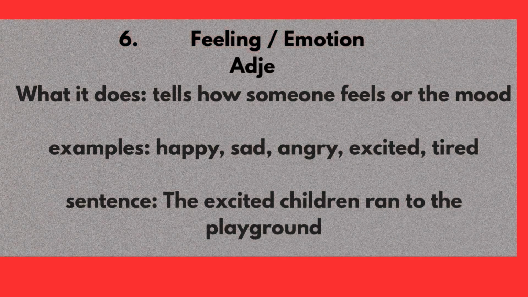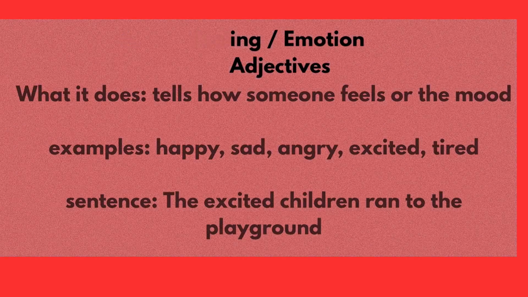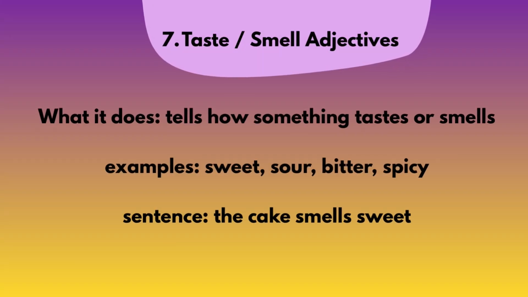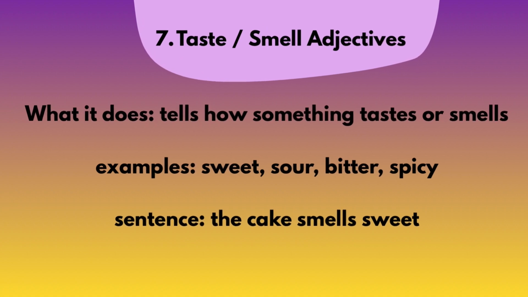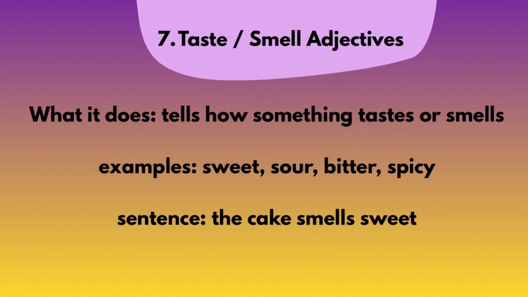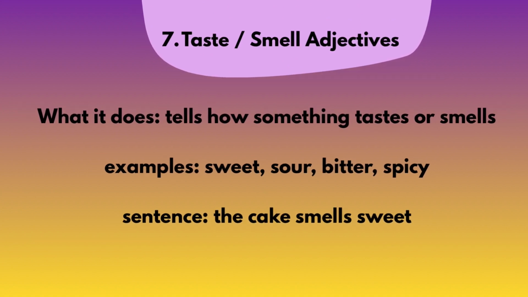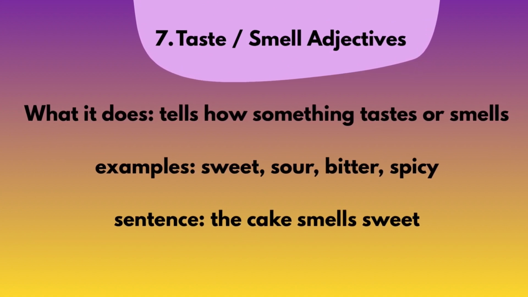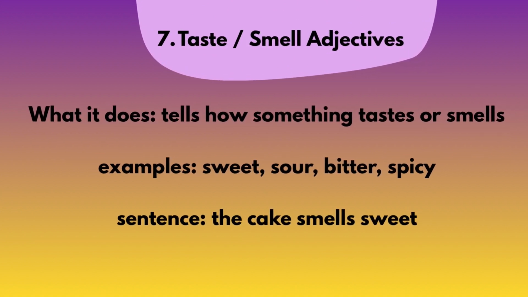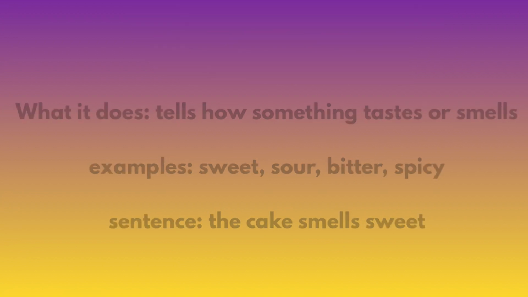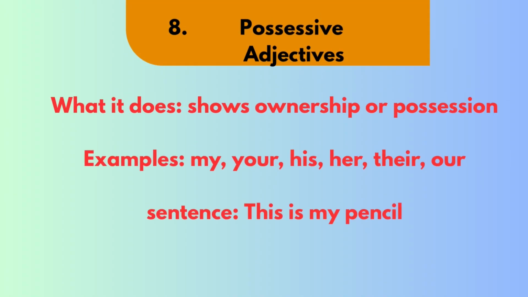We have taste or smell adjectives also that tell how something tastes or smells: sweet, sour, bitter, spicy. The cake smells sweet. We have possessive adjectives that show ownership or possession: my, your, his, her, their, our. This is my pencil. It's your bag.